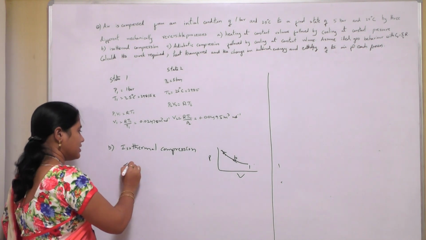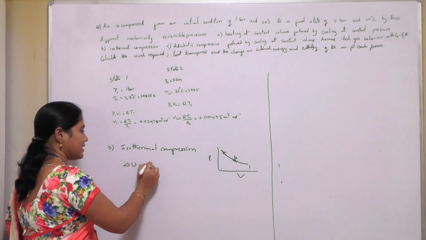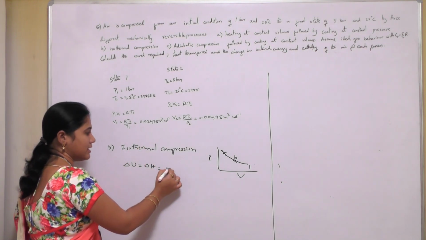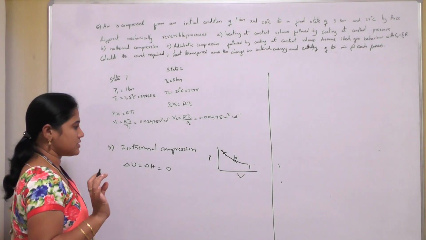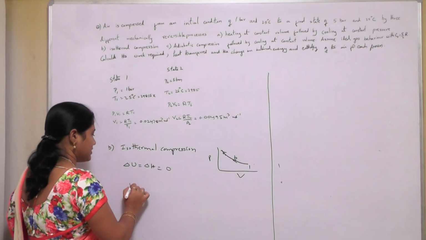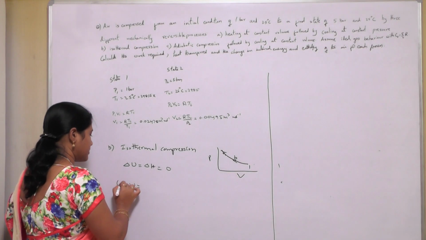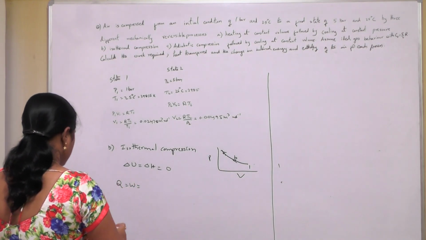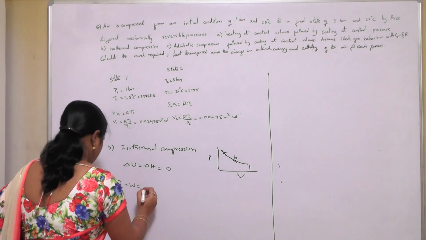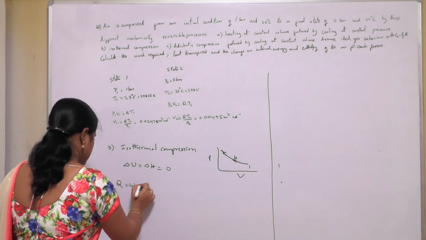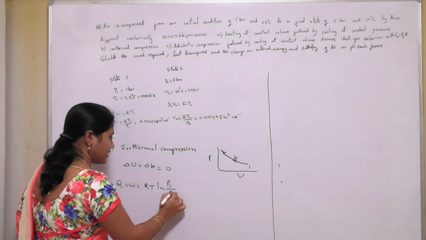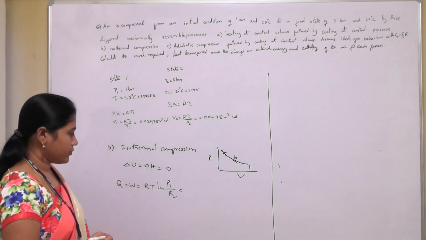For isothermal compression, delta U and delta H are 0 because the temperature is constant, and the heat transfer Q equals W equals minus Q equals minus W equals RT ln(P1 by P2).